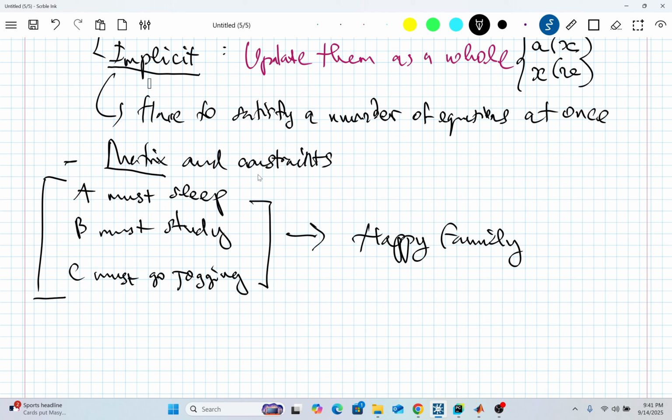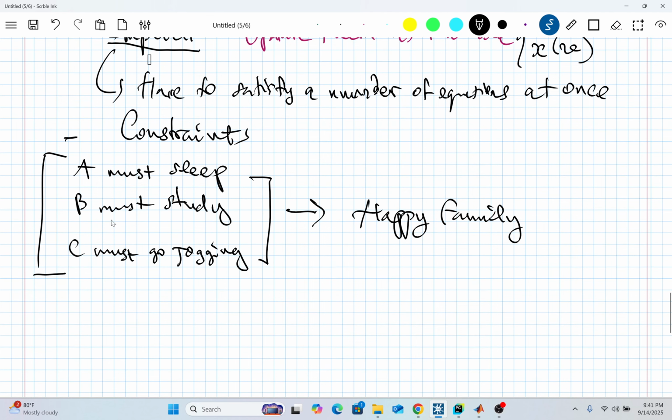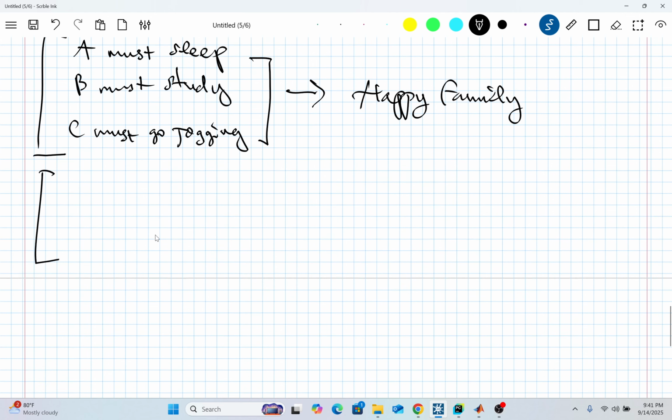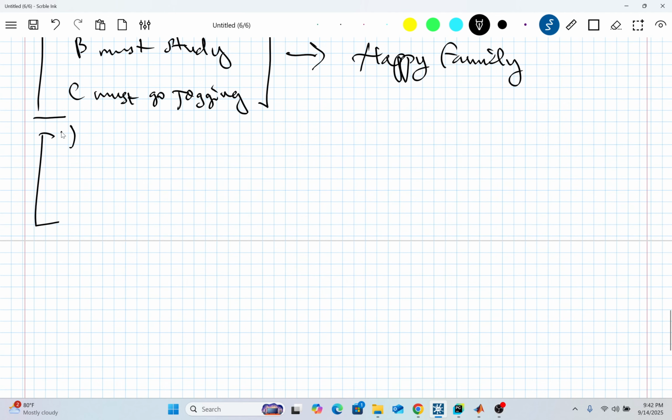And constraints are also constraints. Oh, this is not matrix, this is constraints. Okay, constraints. In a rigid body, you will have what constraint? You will have like the joint A has to be connected to C, okay?